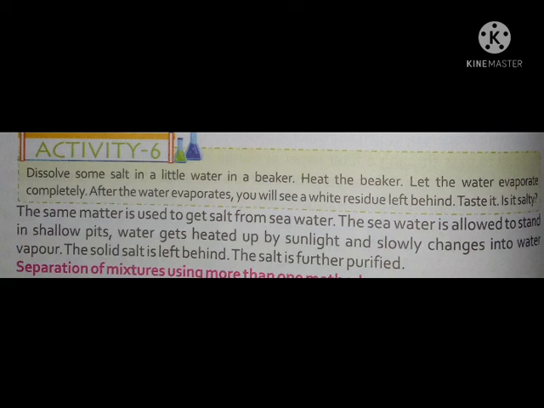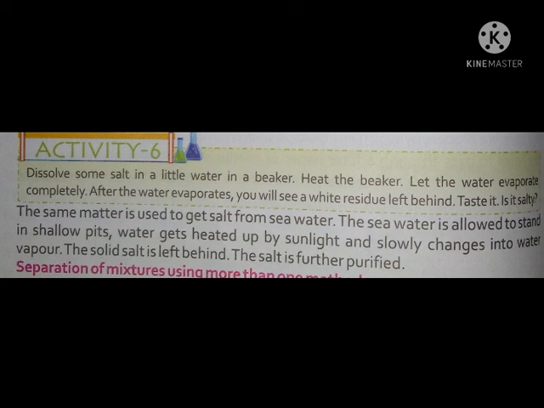After that water gets heated up by sunlight and slowly changes into water vapor. The solid salt is left behind. The salt is further purified, and after purification we can use that salt for our use.